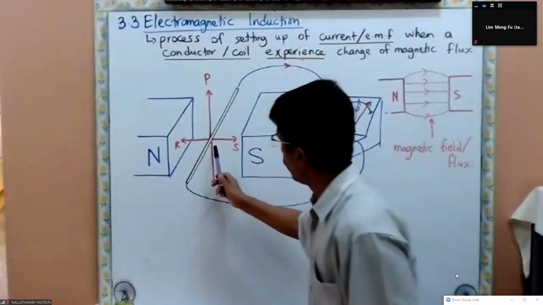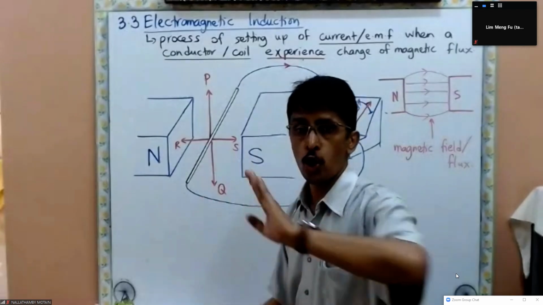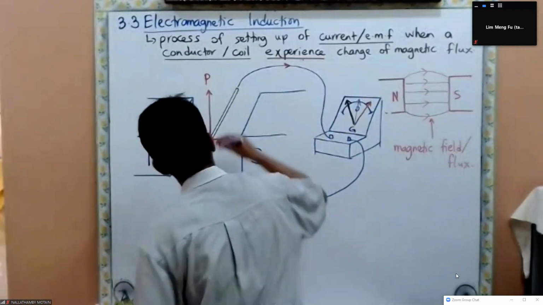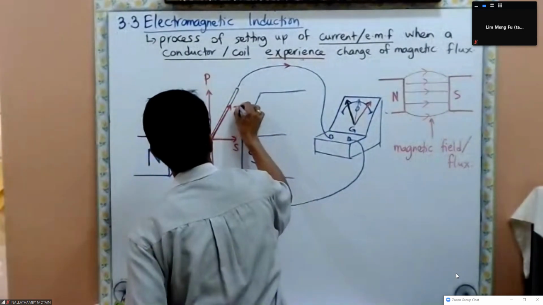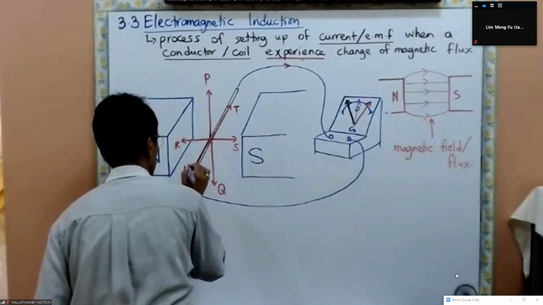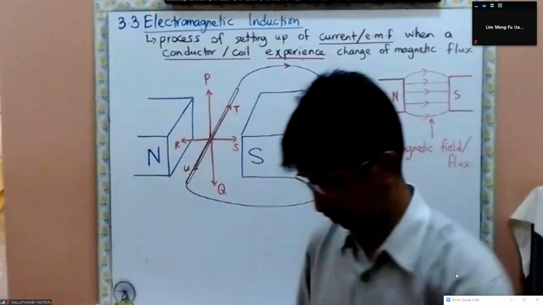So if you are moving in the direction of R and also S, no current is induced. And one more is T, U.